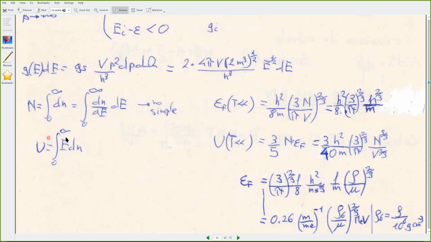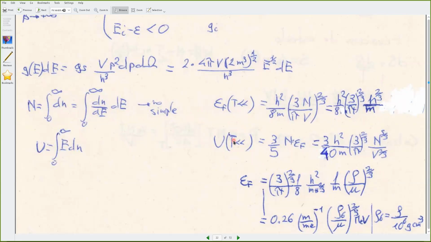This is the calculation of the energy of the particle, and if you consider T that is smaller than the Fermi temperature, there is an easier way to calculate. We get that this typical energy is just proportional to the numerical density of the particles.